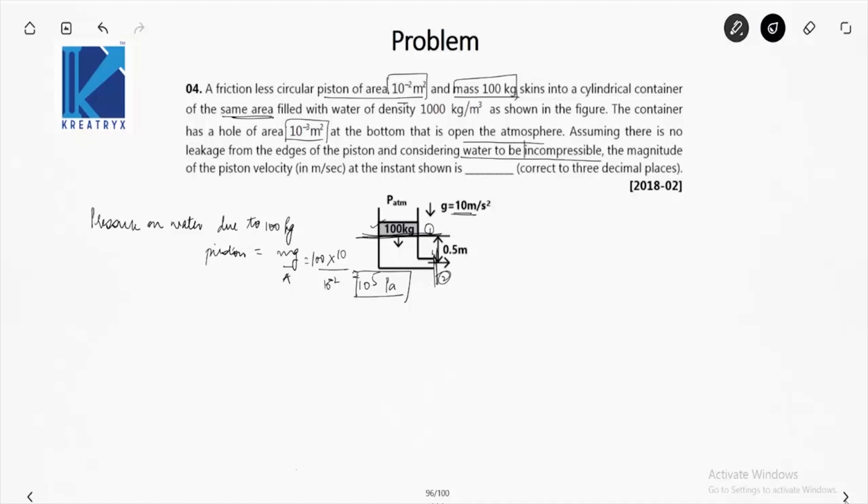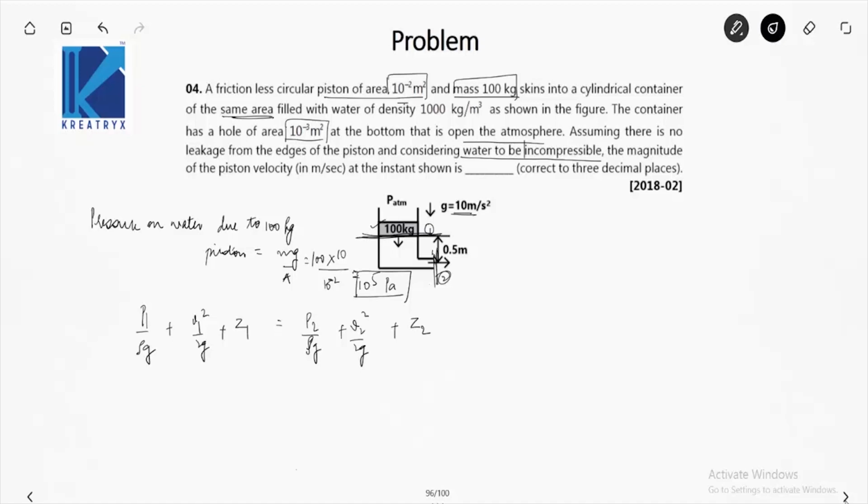Now apply Bernoulli's equation between 1 and 2. So P1 by rho g plus V1 square by 2g plus Z1 is equal to P2 by rho g plus V2 square by 2g plus Z2.